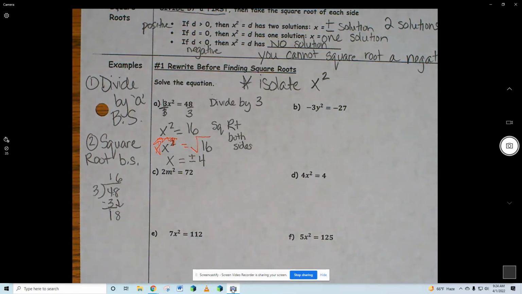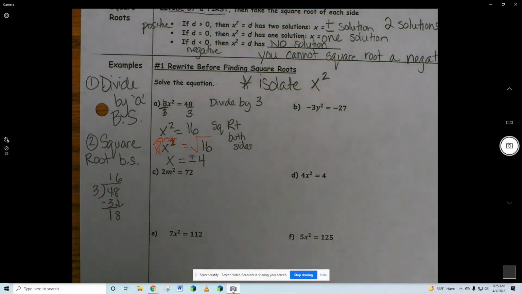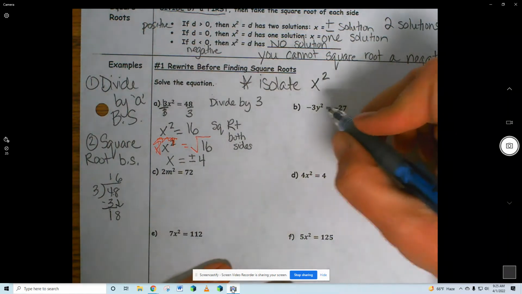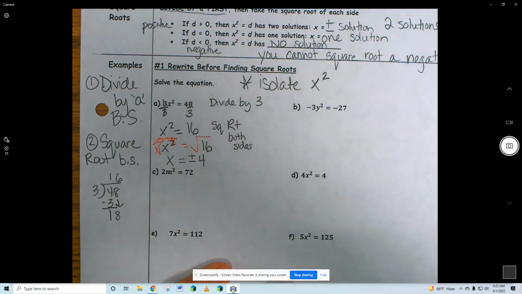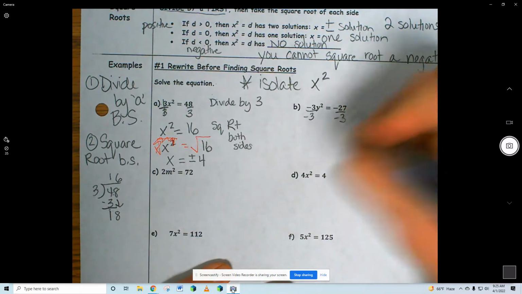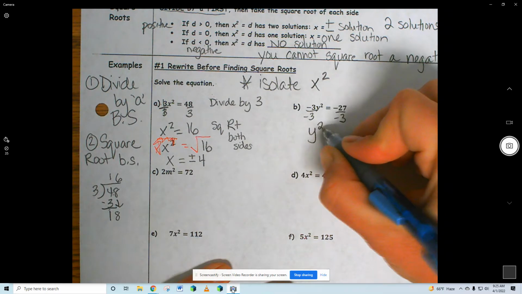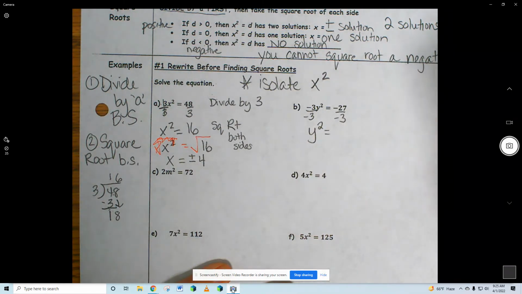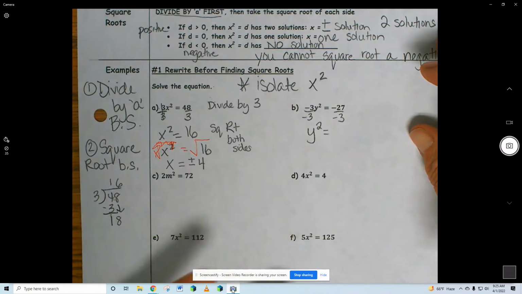Okay. B, get rid of that negative 3. What do I do first? Divide by negative 3. y squared is now isolated. Negative 27 divided by negative 3? 9.